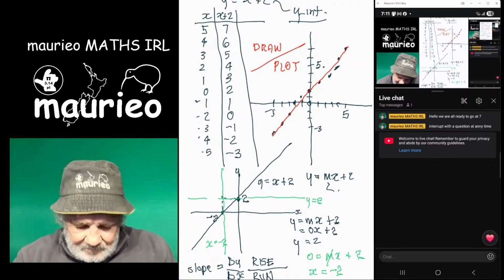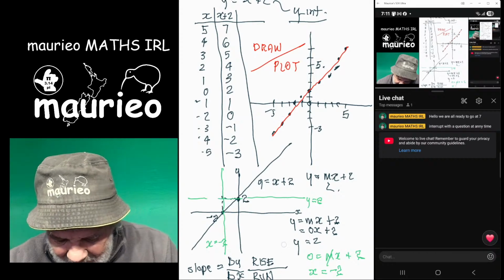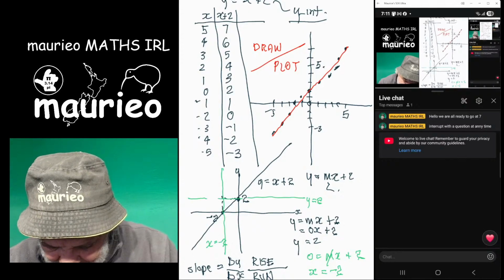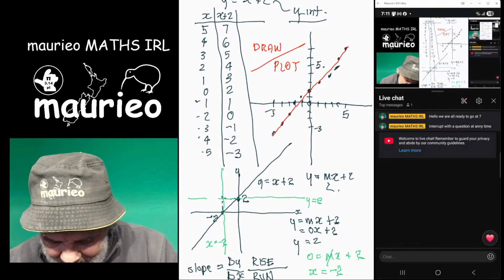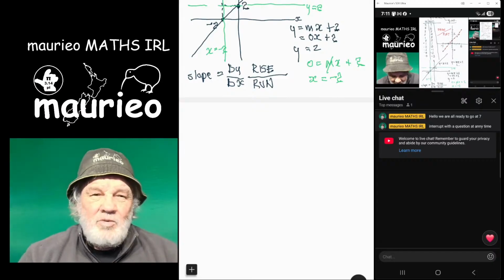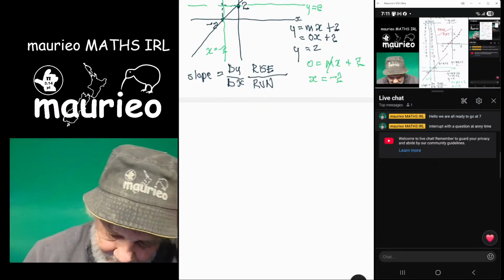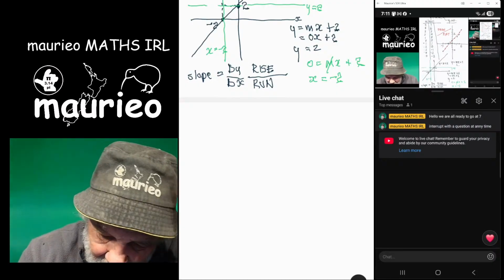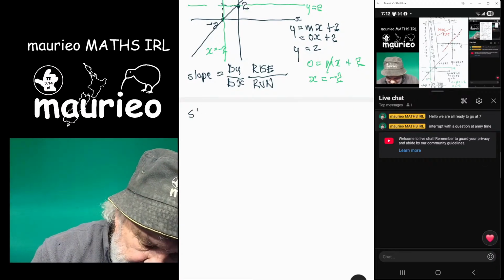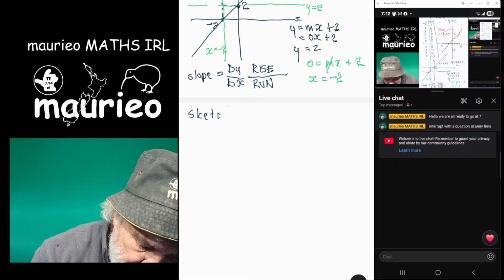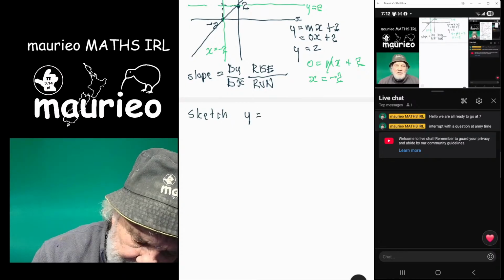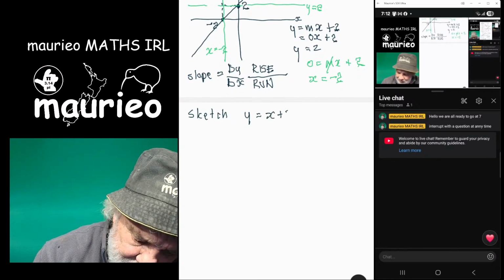When we're sketching things, there's a couple of very useful little tools that we can use. So for instance, let's go back a little bit, and let's say the question was y equals x plus 2.